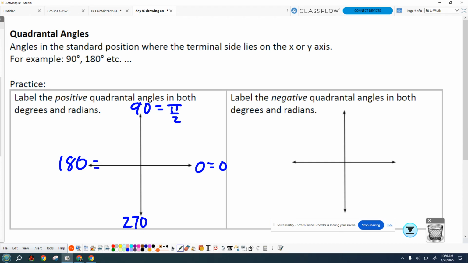What is 180 in radians? Pi. 270 in radians? Thank you. And just for grins and giggles, going backwards, negative 90, negative 180, negative 270. So negative pi over 2, negative pi, negative 3 pi over 2.